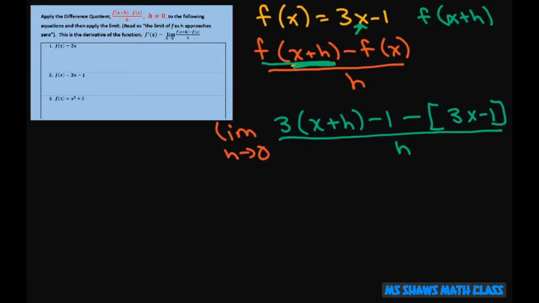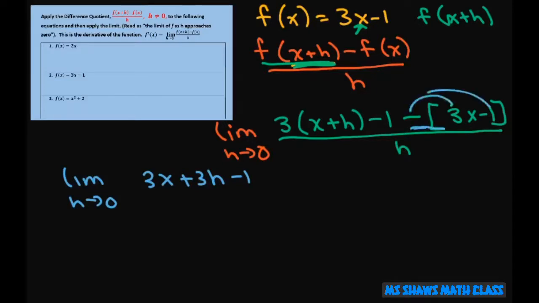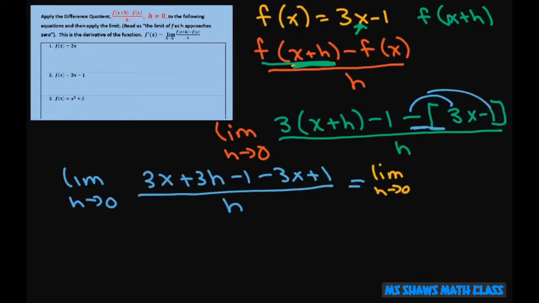All right, now let's simplify the numerator. So we get 3x plus 3h minus 1, and don't forget to distribute this negative, minus 3x plus 1, divided by h. Simplifying your numerator, don't forget to keep writing this limit. These cancel, the 3x's and the 1's.